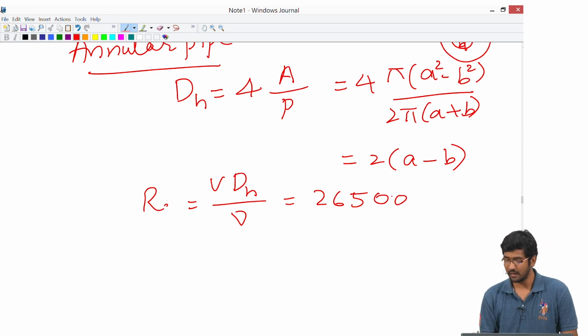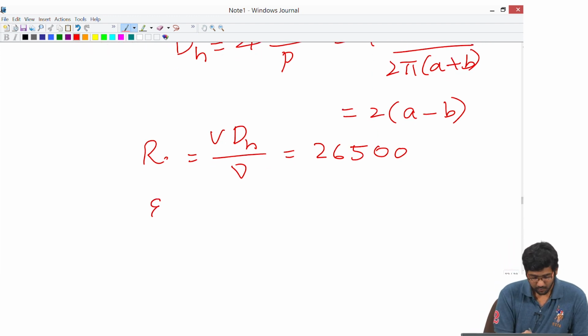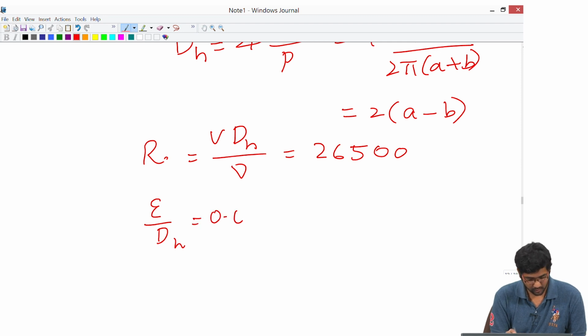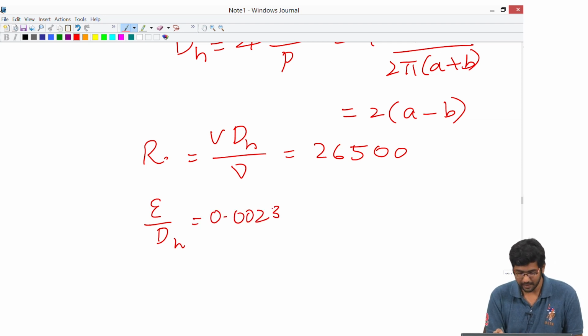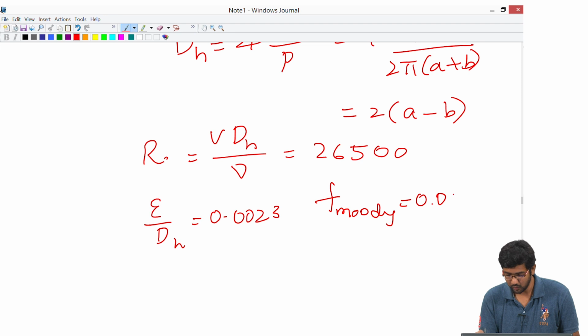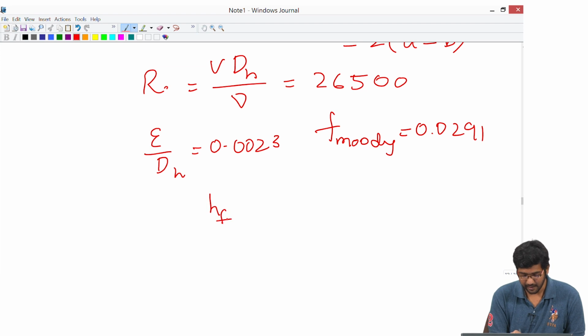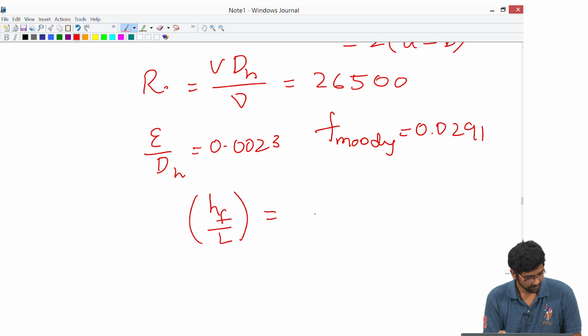Therefore, even in the annular pipe, the flow is turbulent, and here epsilon by dH is going to be 0.023, from which we can calculate f Moody, which is 0.0291. So, now we have the friction factor, from which we will be able to calculate the head loss in the same way as we did for the circular pipe.